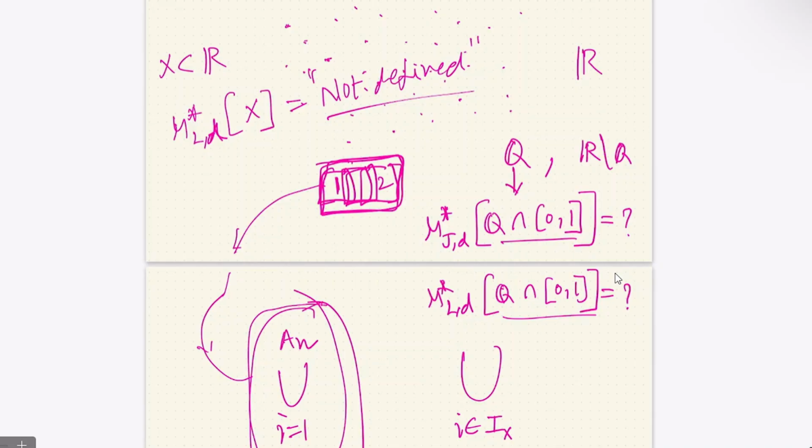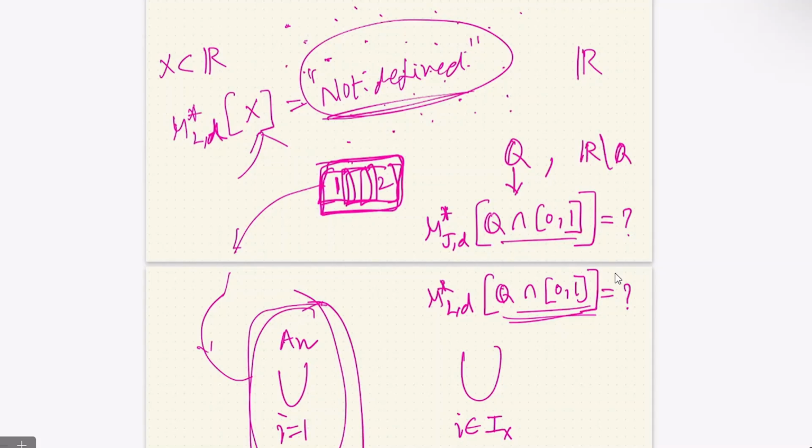Measures are well behaved. You should reach that point by trying out different examples and different contexts on this measure, seeing where it is not defined, and if it is defined, how the definition brings that number, either zero or non-zero, and why for some sets we cannot define it.